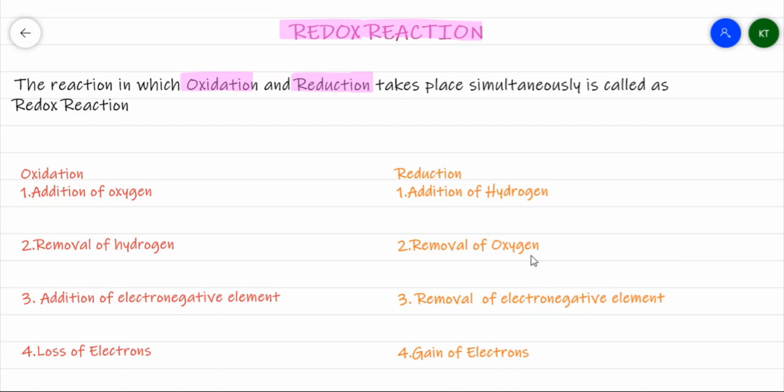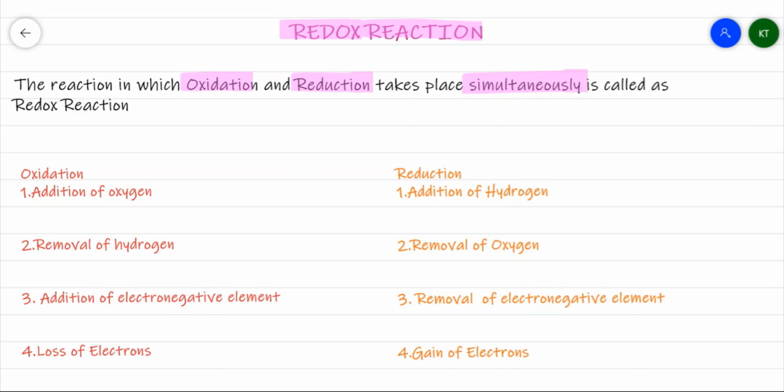The reaction in which oxidation and reduction take place simultaneously, that means one substance undergoes oxidation, the other substance undergoes reduction, that is known as redox reaction.